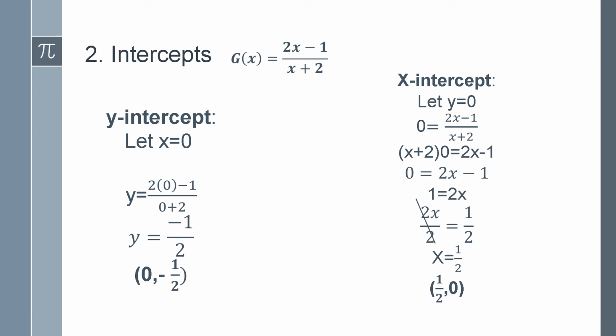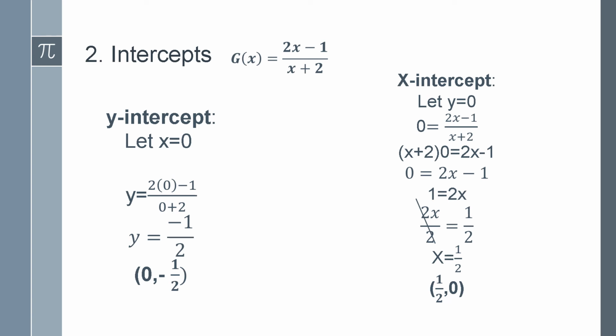And then, sa x-intercept naman, we will let the y or g of x be equal to 0. So, 0 is equals to (2x minus 1) over (x plus 2). Simplify the equation by multiplying x plus 2 to 0 equals 2x minus 1. X plus 2 times 0, sabi ko kanina, automatic 0 yan.